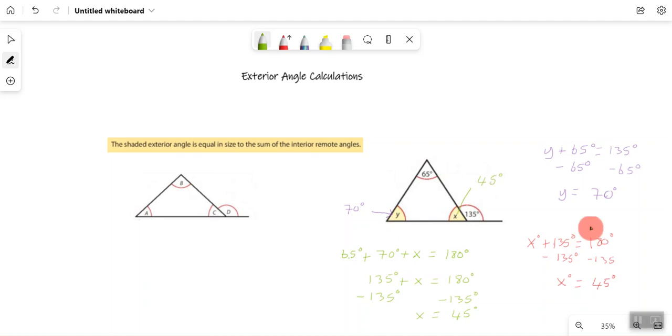These are the two ways you can work out x. It doesn't matter which way you do it, either way will work out just fine. So that is exterior angles and calculations involving them. It's very important that you know this rule and that you understand it.